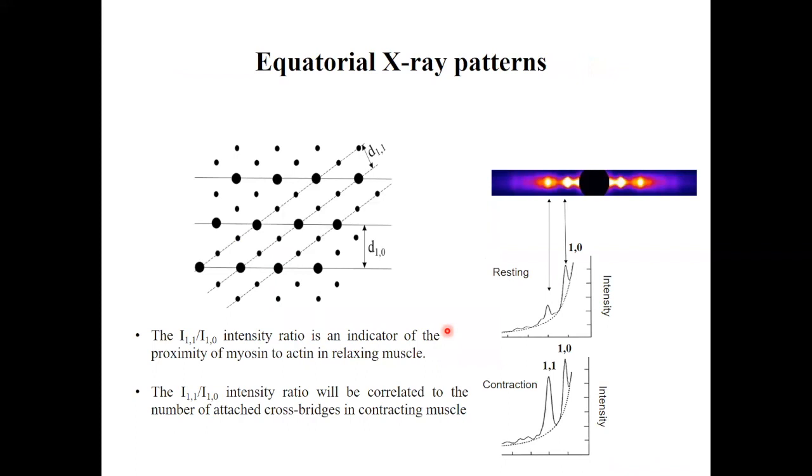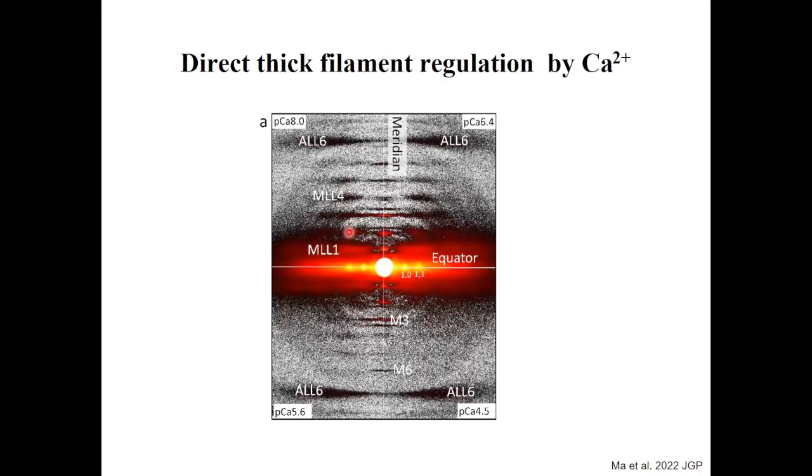Okay, the next couple of slides are going to be very important for you to follow in this workshop. Some briefing: this is the X-ray diffraction pattern. This is called the equator, and this is called the meridian.